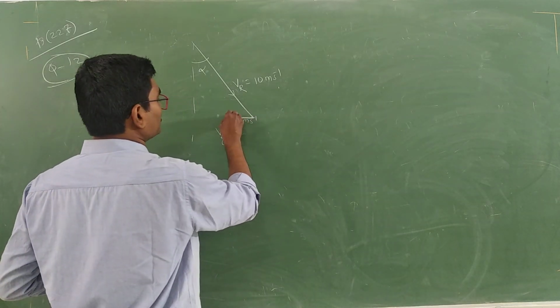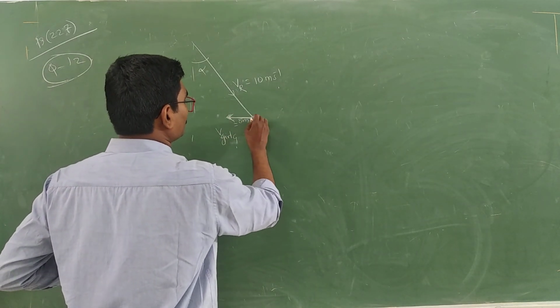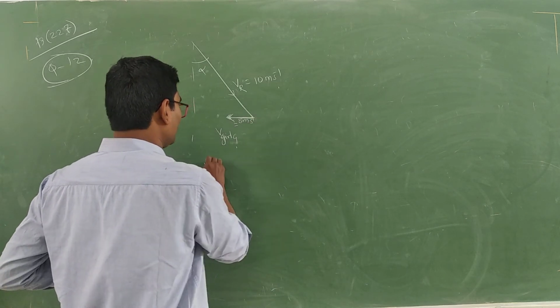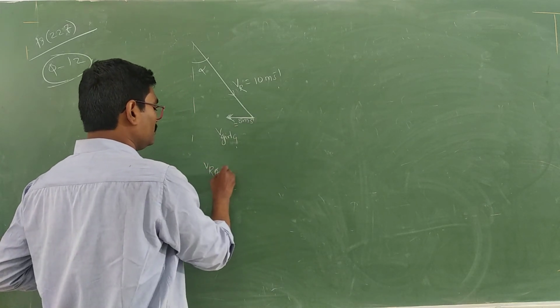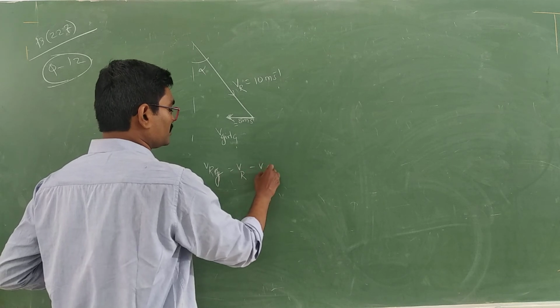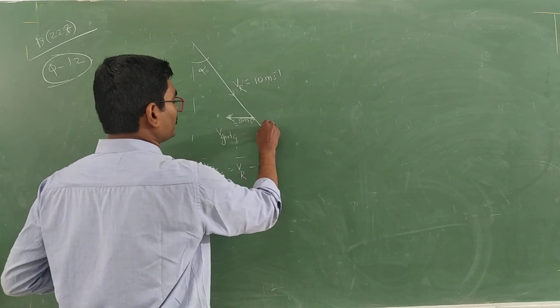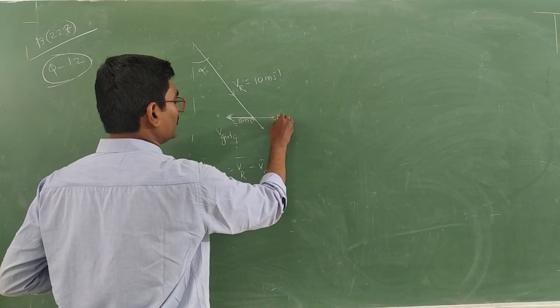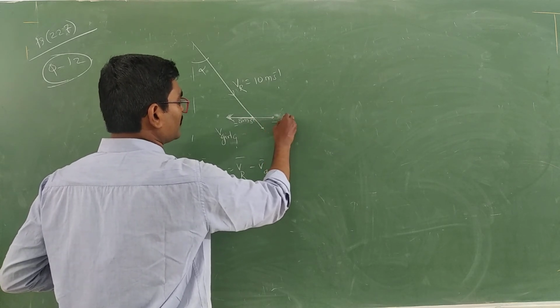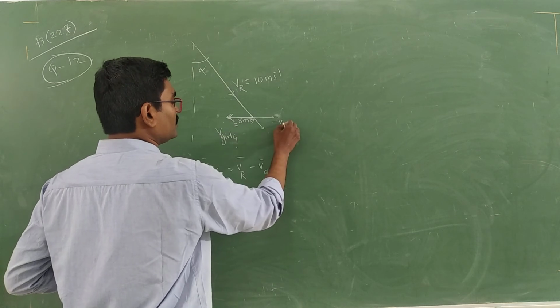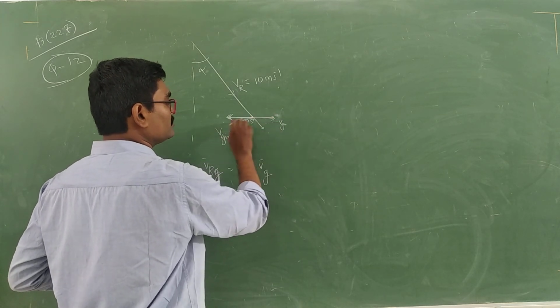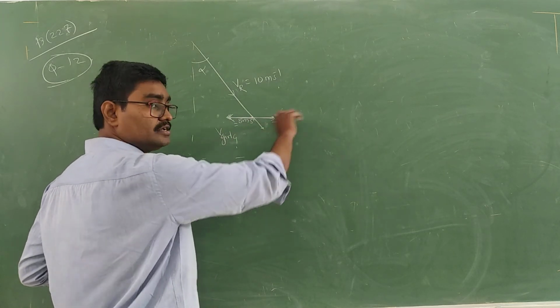Like in the previous case, this is the velocity of the girl. You need to calculate the velocity of rain with respect to the girl, which is equal to the velocity of rain minus the velocity of the girl. This is minus Vg, the girl's speed in the opposite direction.